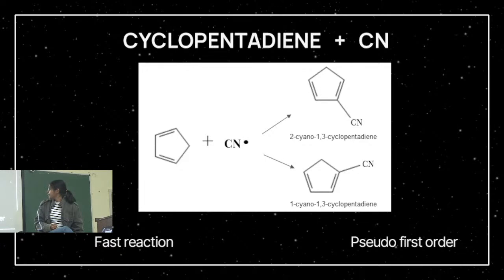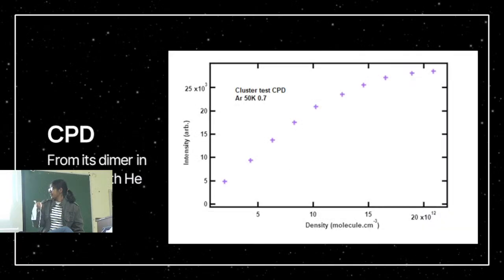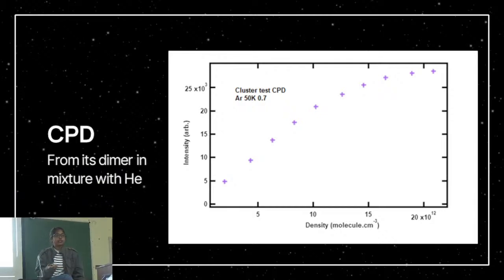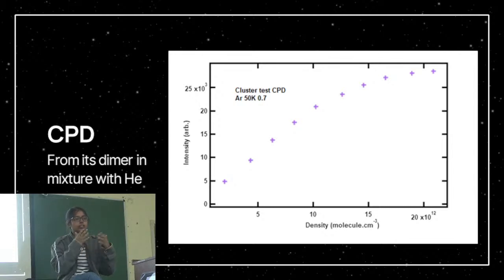Firstly, CPD, cyclopentadiene, at room temperature actually exists in its dimer form. So you have to first break it down and then make a mixture with the carrier gas, which is helium, and you have to do the reaction pretty quickly because otherwise you will get the dimer. You can't risk that.